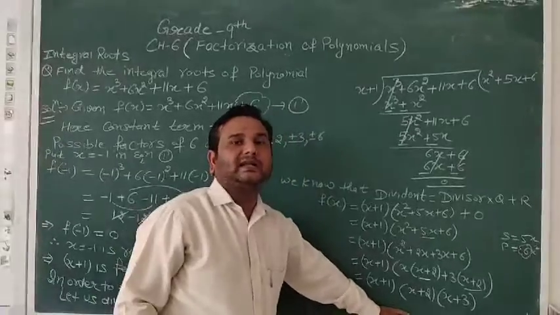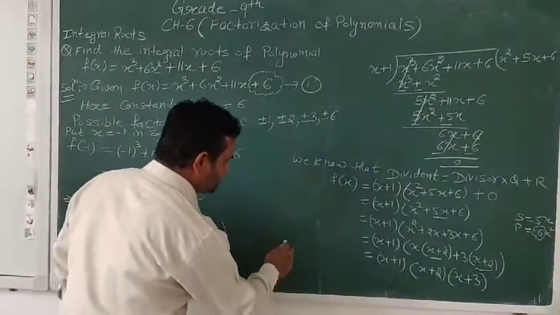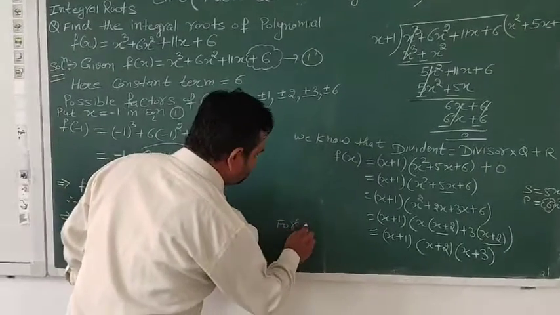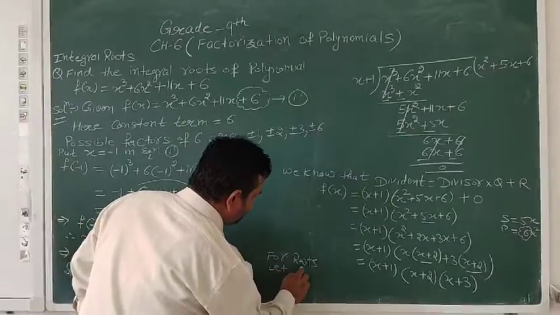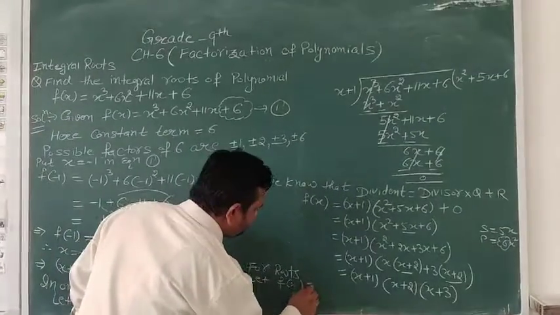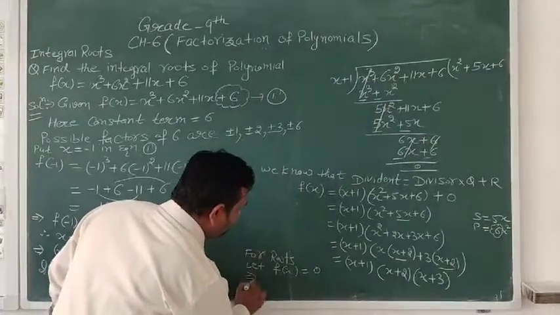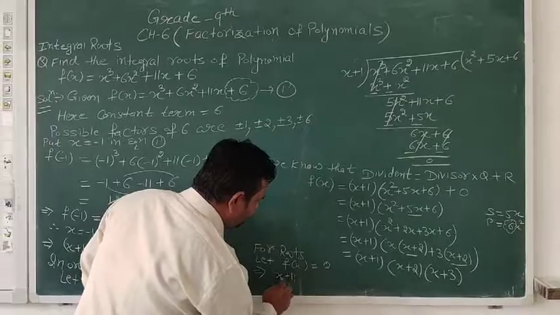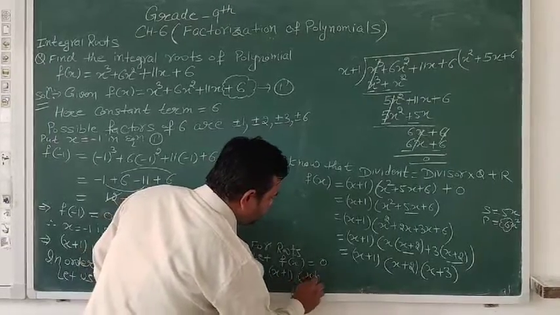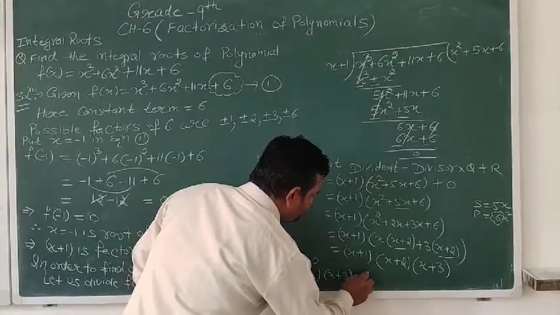So you can see that f of x, these all are the factors of the given polynomial, but we are totally interested to find out the integral roots. So I am writing here, students, roots. Let this polynomial f of x is equal to 0. So it further implies f of x 0 means x plus 1 into x plus 2 into x plus 3 equals 0.